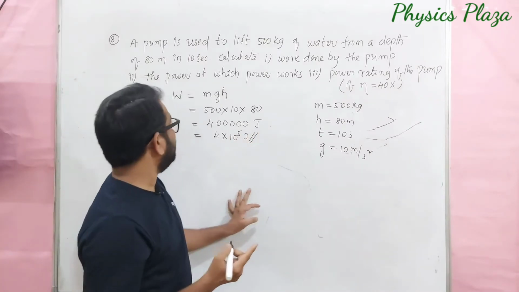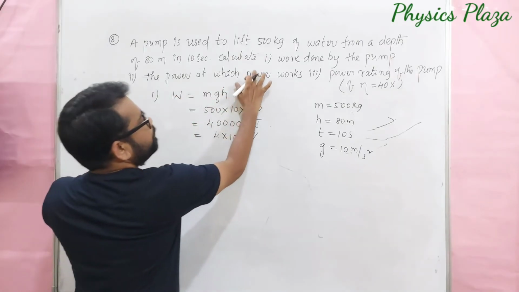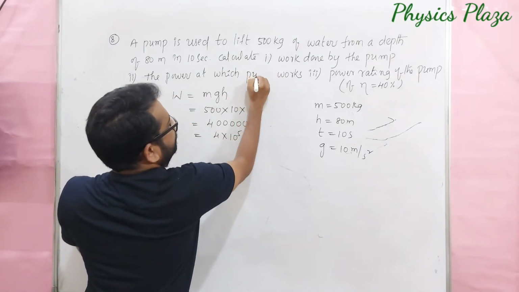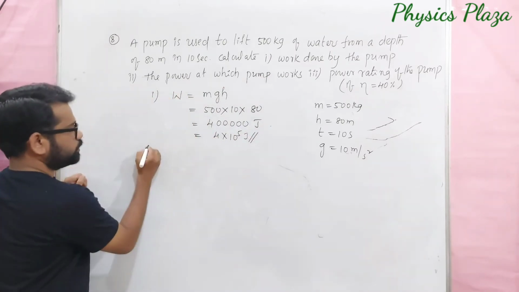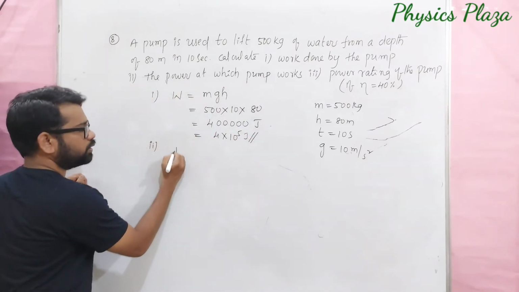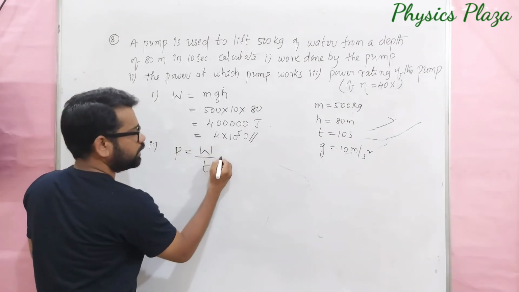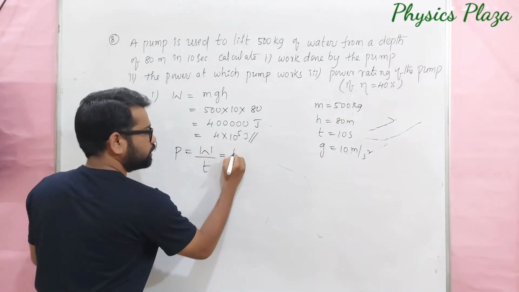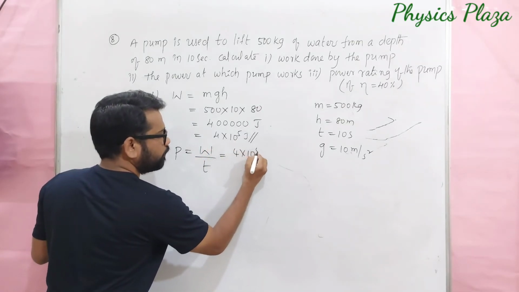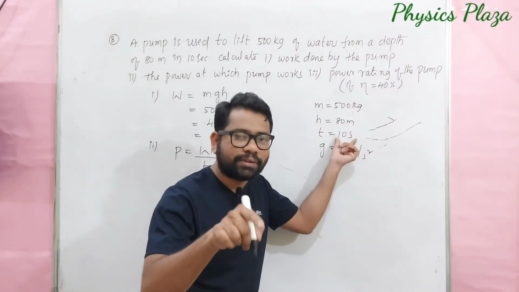Now we need to calculate the power at which the pump works. So that is the second one. They are talking about power, that is the work done by time. Work done here, we already got 4 into 10 power 5, by t, and t is equal to 10 seconds, given in the question.